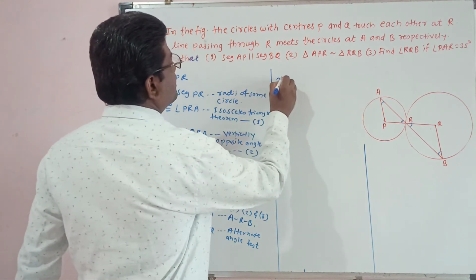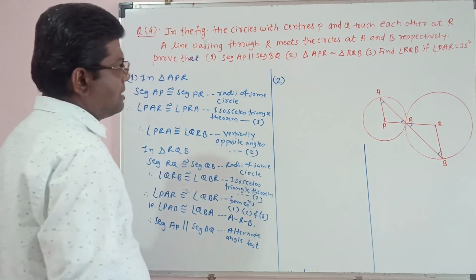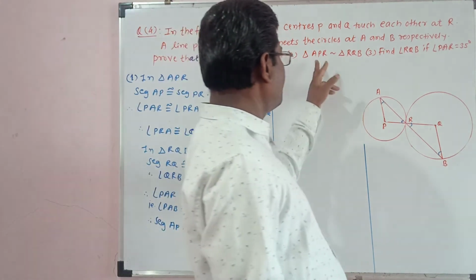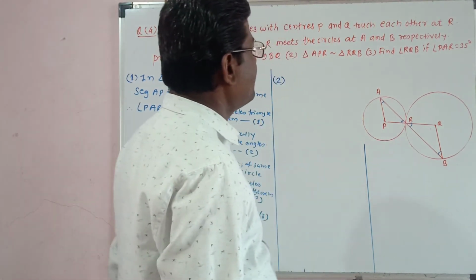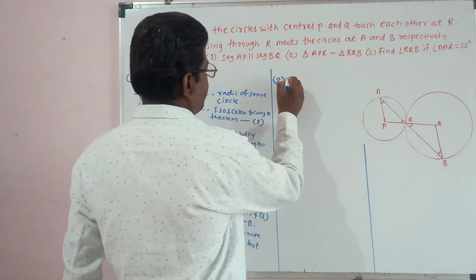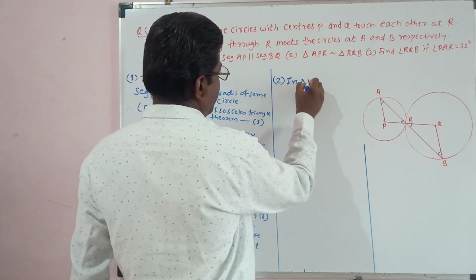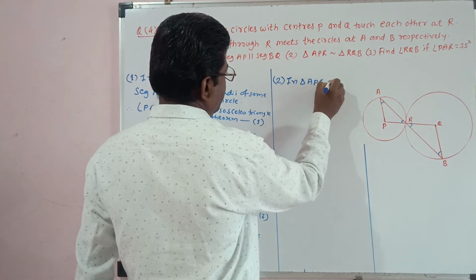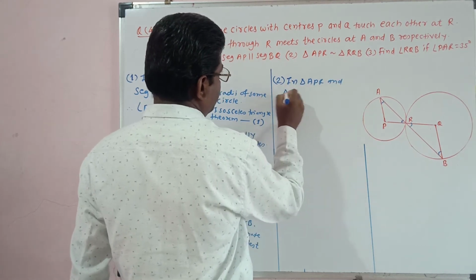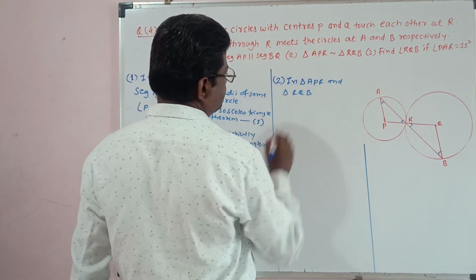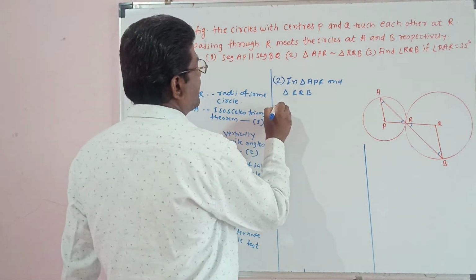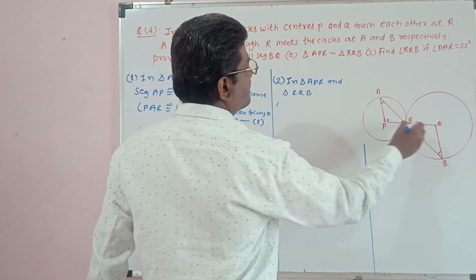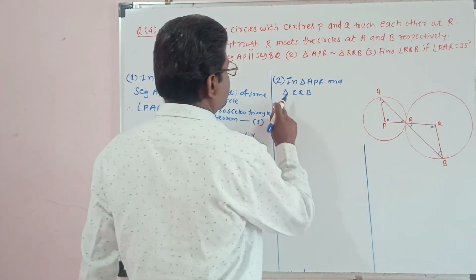Now number 2. We have to show triangle APR is similar to triangle RQB. In triangle APR and triangle RQB, these two angles are congruent.